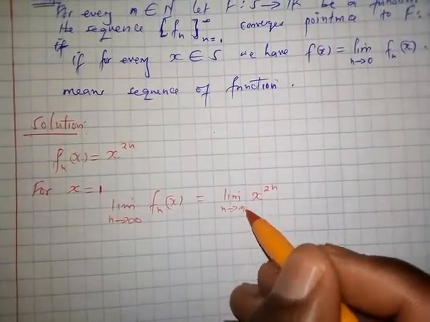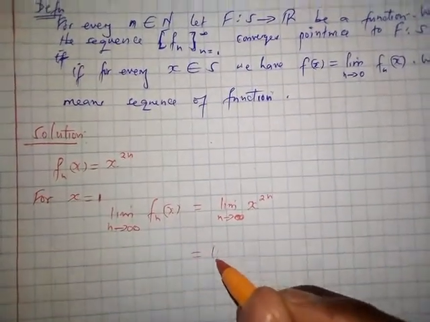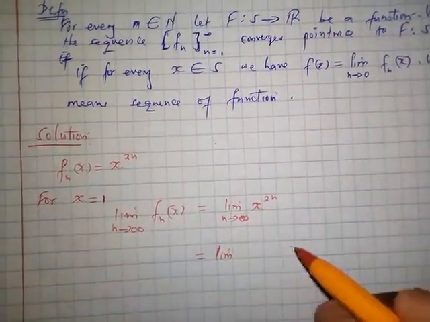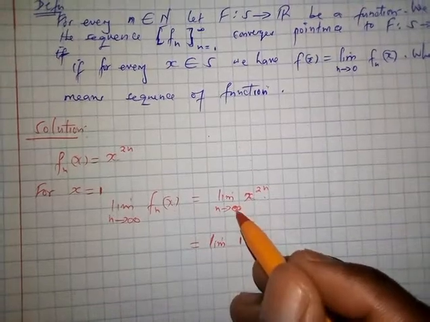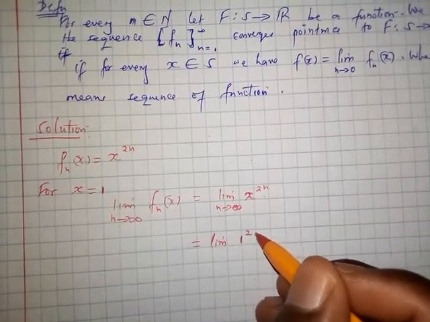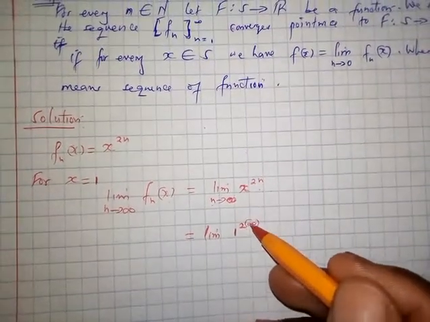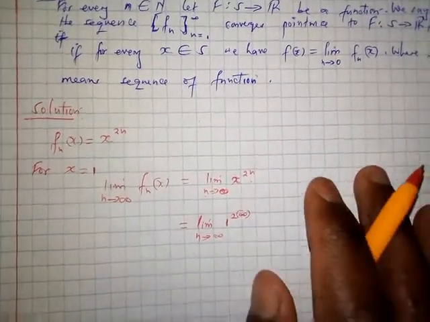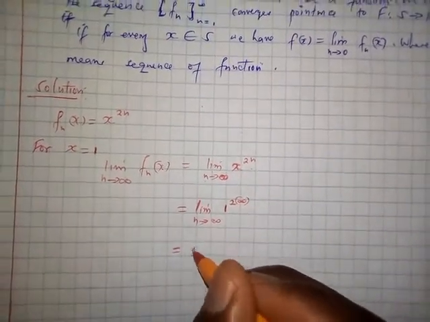Since x is 1, we write the limit of 1 raised to power 2n as n tends to infinity, and therefore we have 1 as the answer.